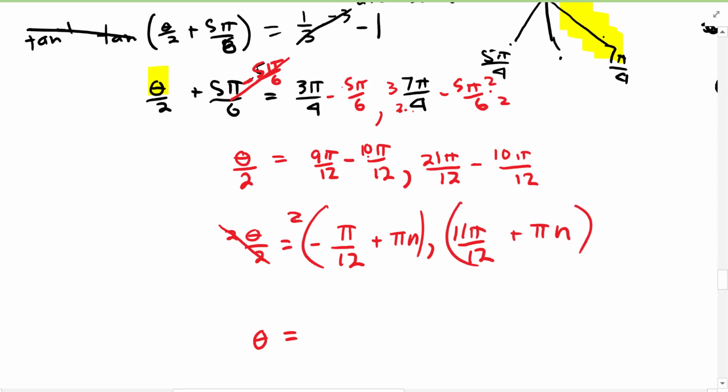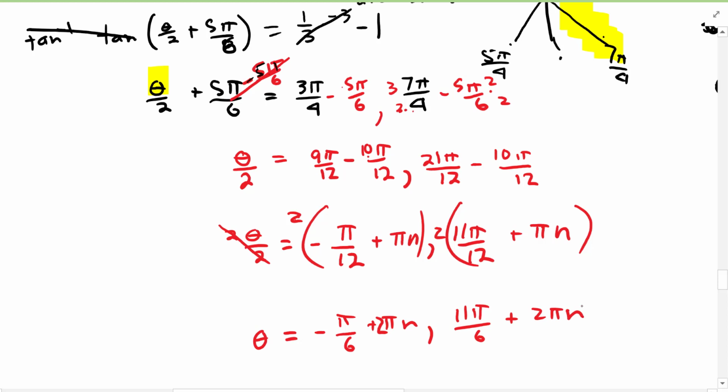So this right here becomes negative pi 6 plus pi n. And when we multiply everything here by 2, that becomes 11 pi 6 plus 2 pi n.